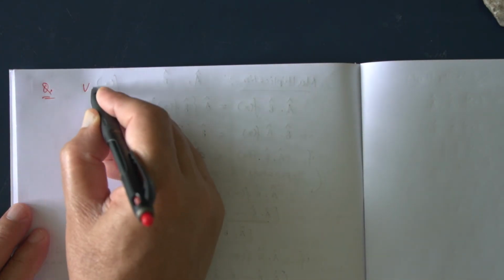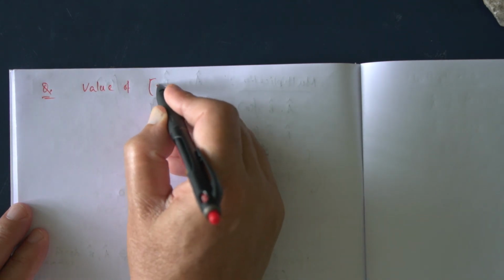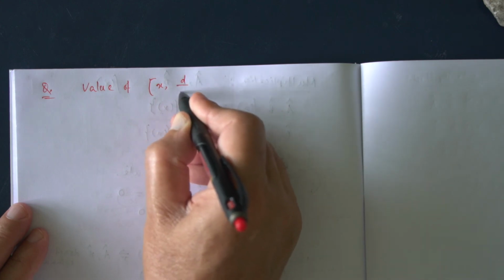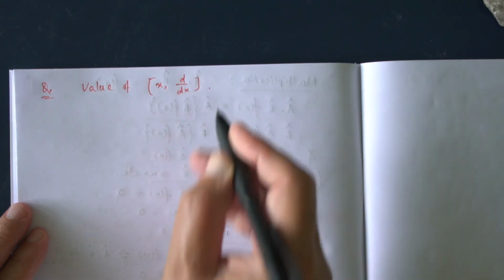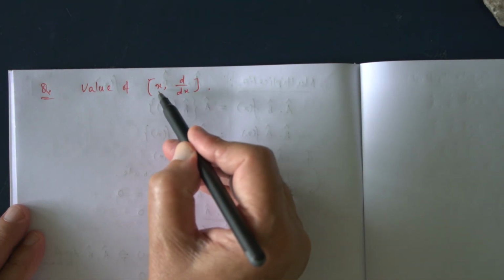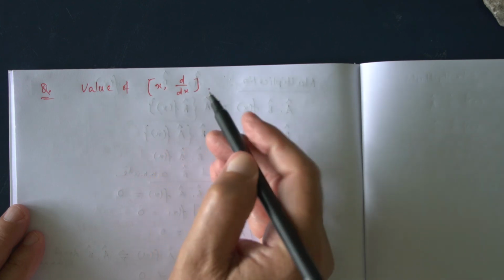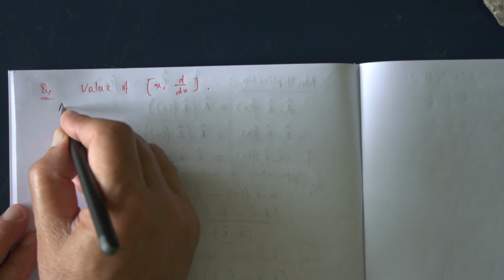So you have to find the value of [x, d/dx]. That means A is multiplication by x, B is d/dx. Now in this case you can take any function.